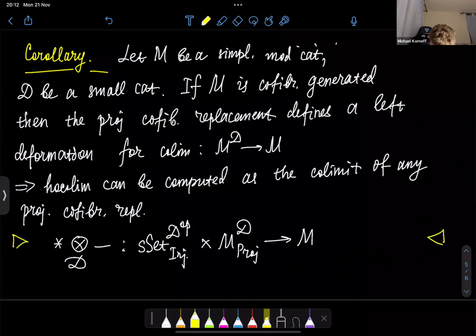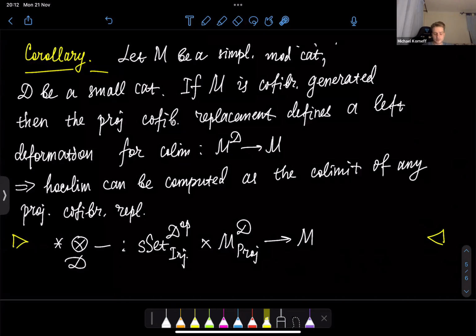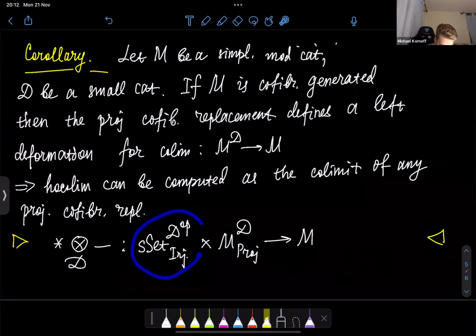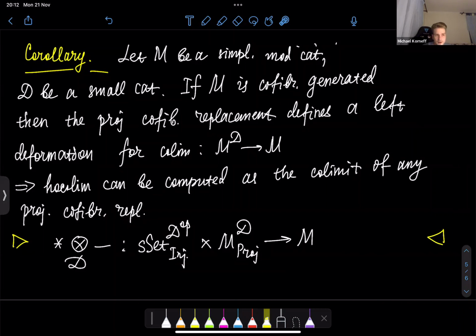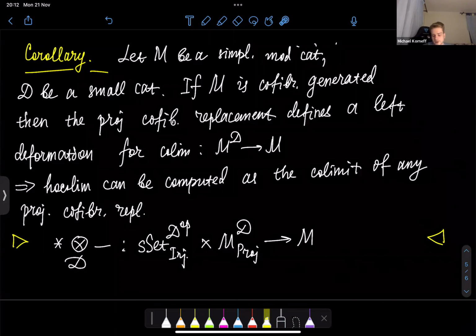But if we change the model structure, we will obtain the other approach to computing these homotopy colimits. If we choose on this category the projective model structure, then we should find a projective cofibrant replacement for the constant functor, and it turns out that it's just the Yoneda functor.